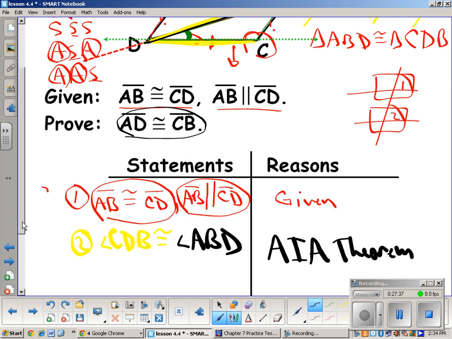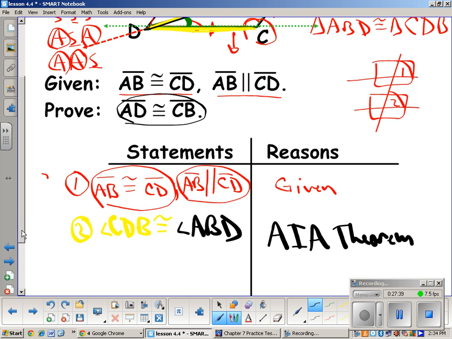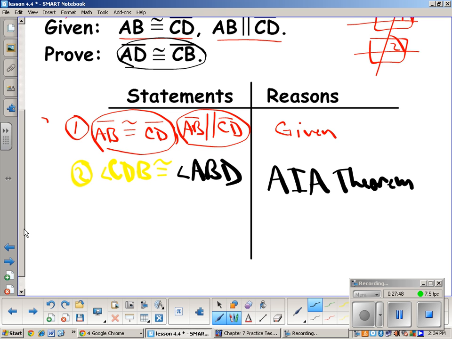All right? Now, how many facts do we have here that talk about sides or angles being congruent? Two. Okay, this one says two angles are congruent, right? Yep. This one says two sides are congruent.